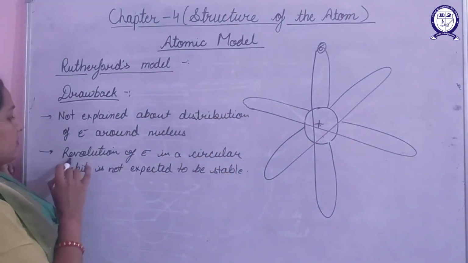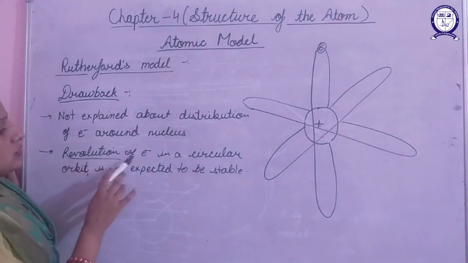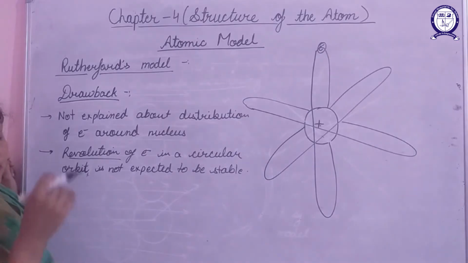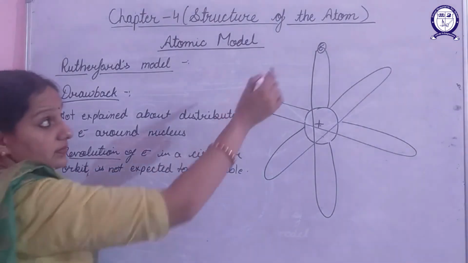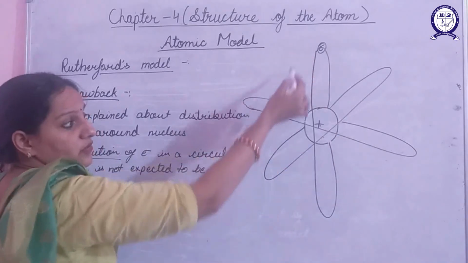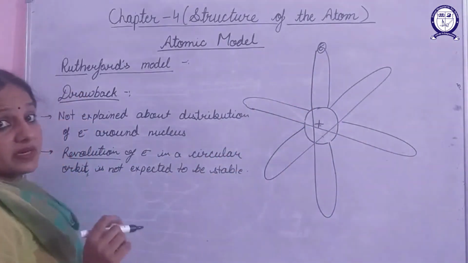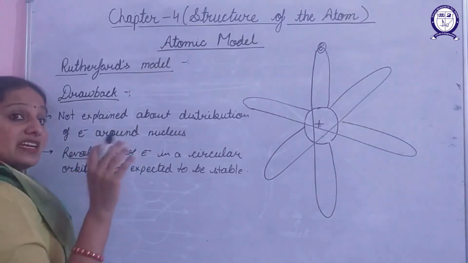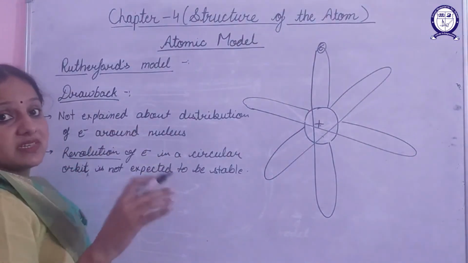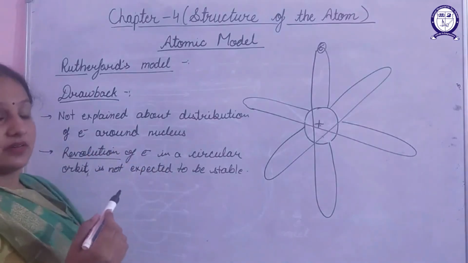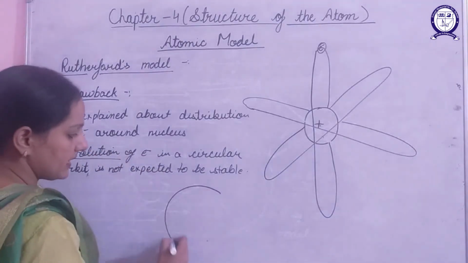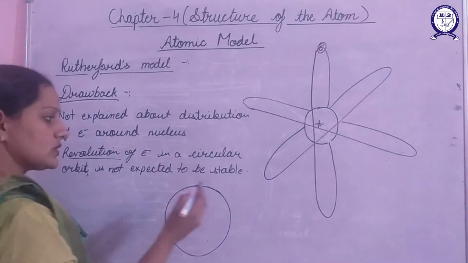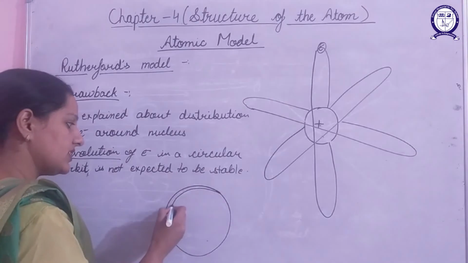Now the second and the major drawback was that the revolution of an electron in a circular orbit is not expected to be stable. What he explained was that the electron will keep on revolving in this circular orbit. We know that whenever a particle revolves in a circular orbit, it loses energy, and so its orbit keeps on shrinking.